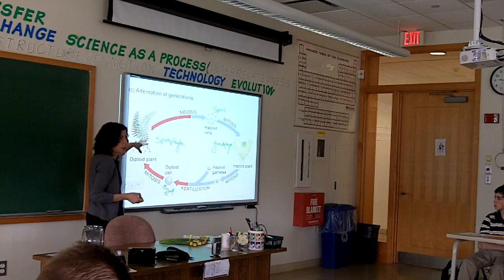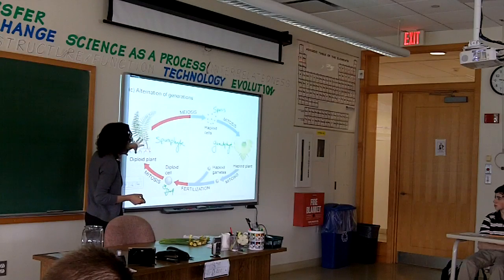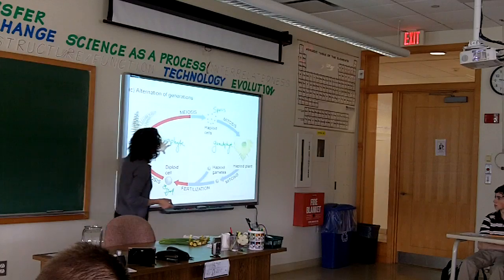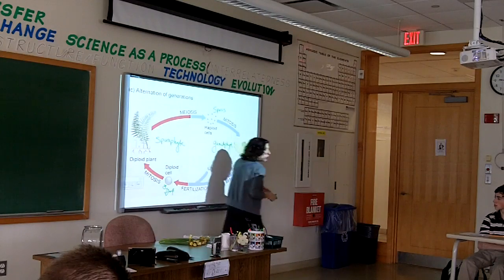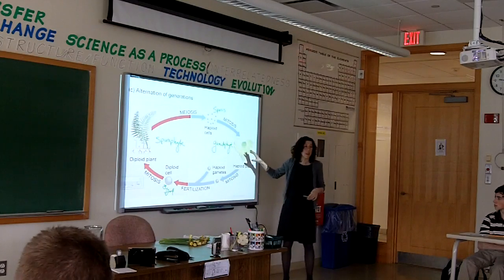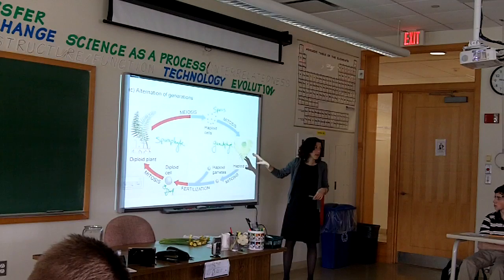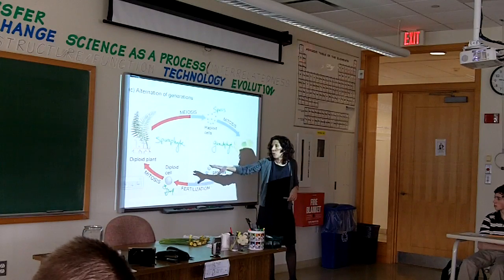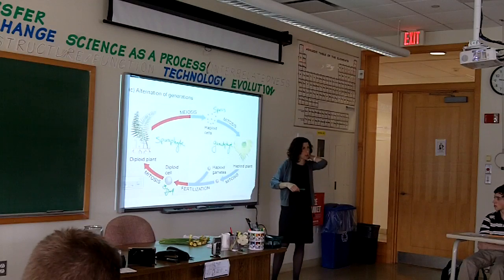And the cycle repeats. The zygote grows into a multicellular diploid plant. The diploid plant makes haploid spores. The haploid spores grow into multicellular haploid plants, which make haploid gametes, which give rise to diploid sporophytes.